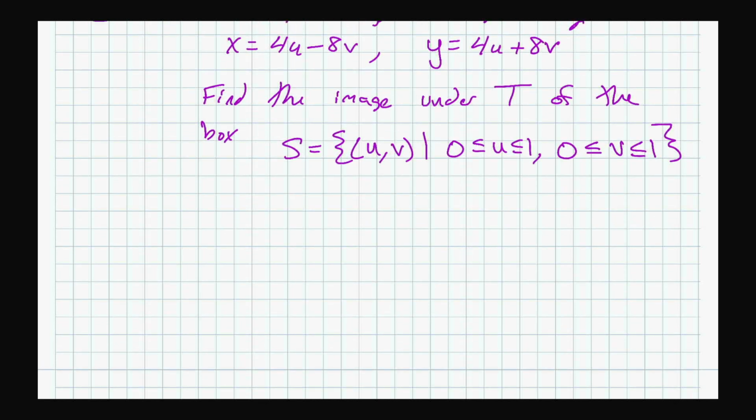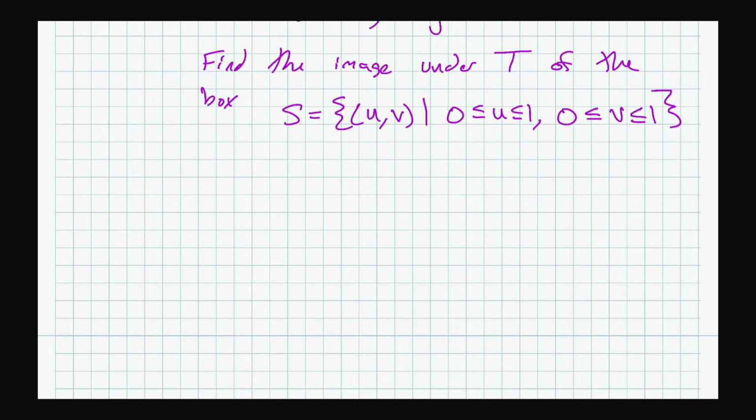Okay, so if we think back to our picture, in terms of UV, you've got U here, you've got V here, and then we just have a very simple box here. This is 0, 1. I just erased everything.